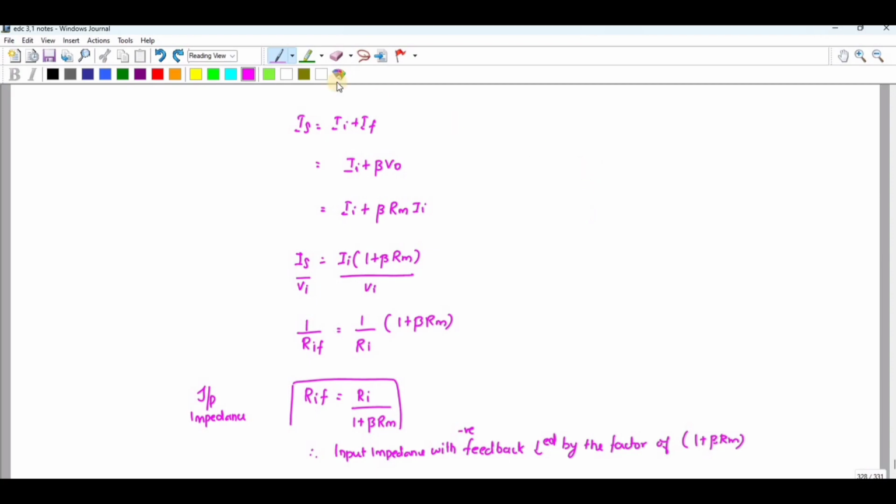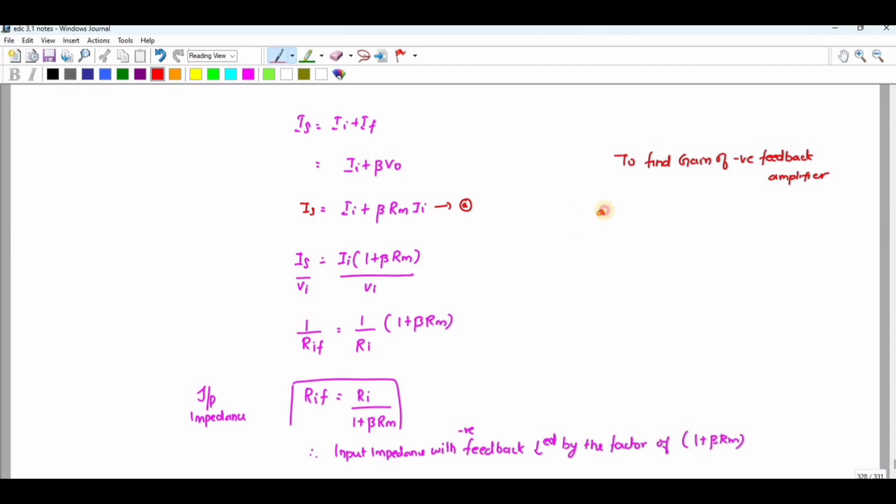Next, to find the gain of negative feedback, consider this first equation, and divide the whole equation on both sides by V naught.